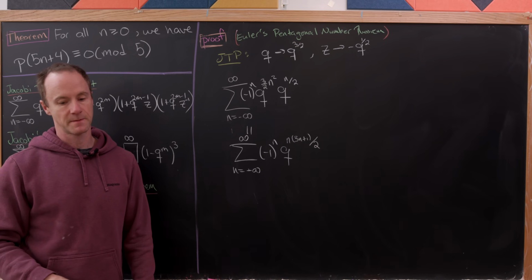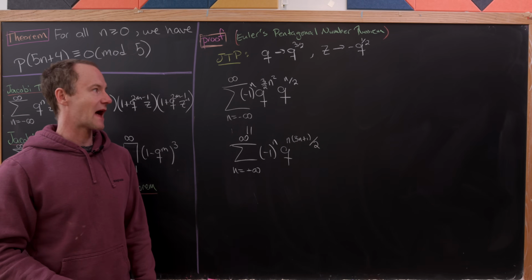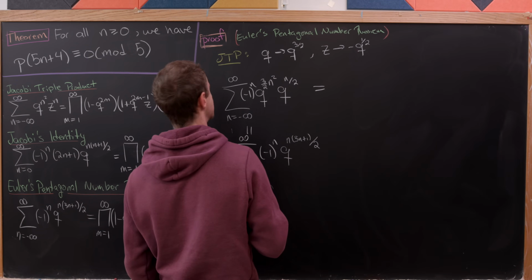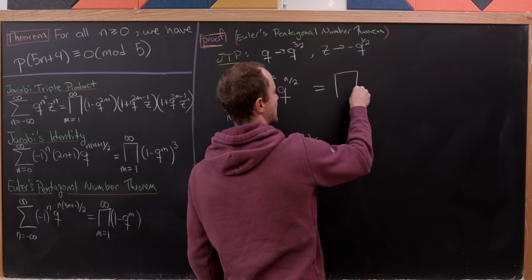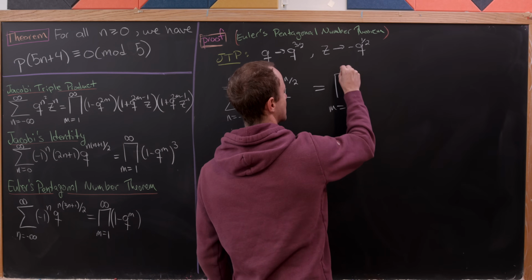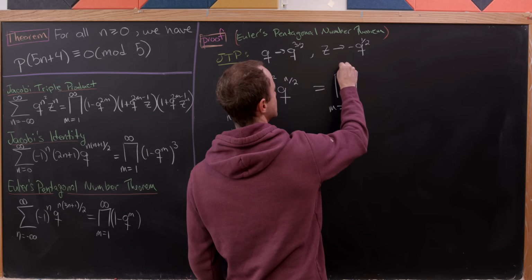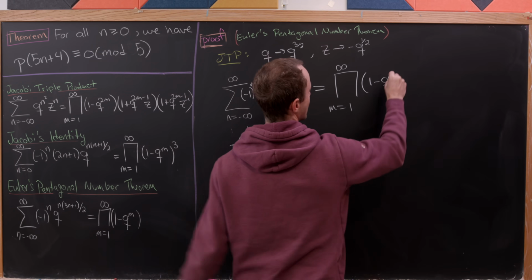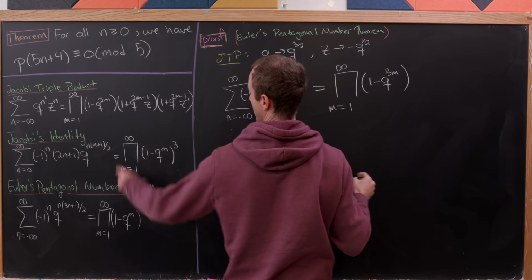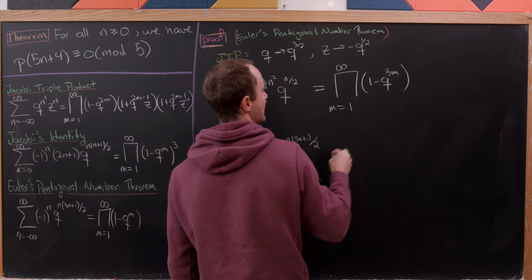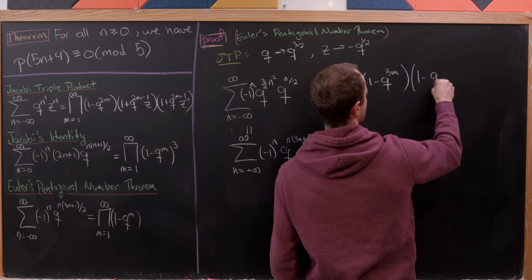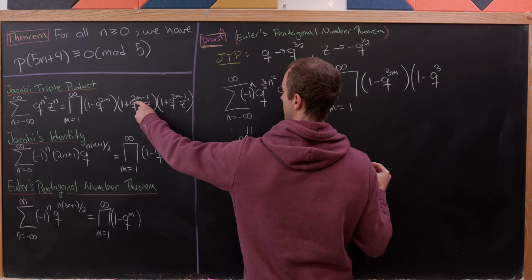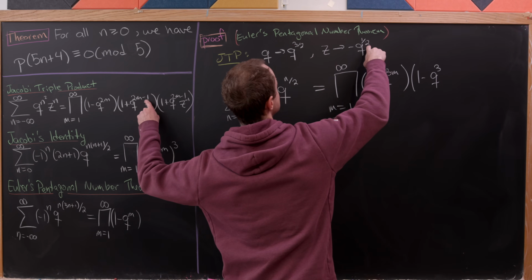Okay, nice. But now let's see what happens to the product portion, the right-hand side, with these substitutions. So we're going to have the product as m goes from 1 to infinity of 1 minus q to the 3m. That's what we get for the first term. And then for the second term, we're going to have 1 minus q to the, let's see, that's going to be 3m minus 3/2 plus a half.